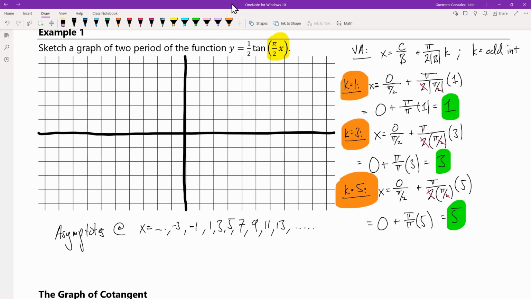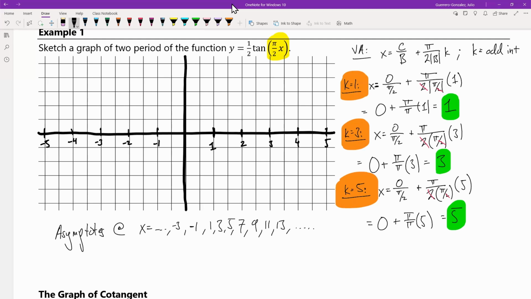So I'm going to make every two lines equal to one. That means this is going to be 1, 2, 3, 4, 5, and I'm going to keep going backwards in the same manner: -1, -2, -3, -4, -5.